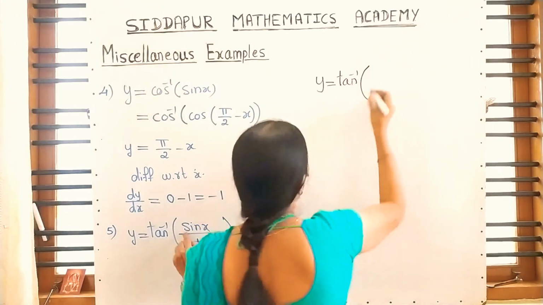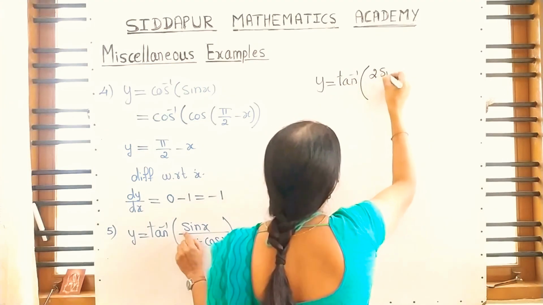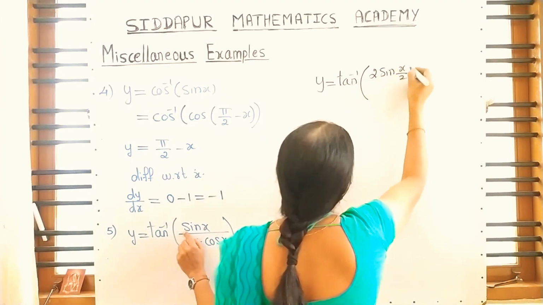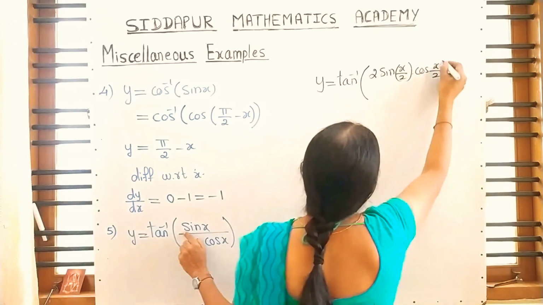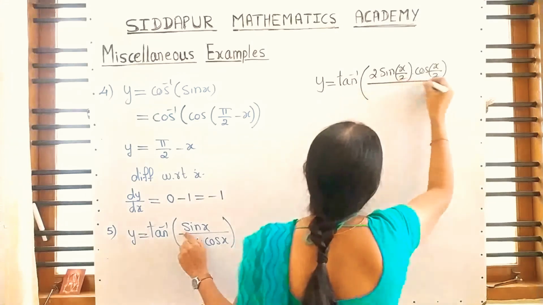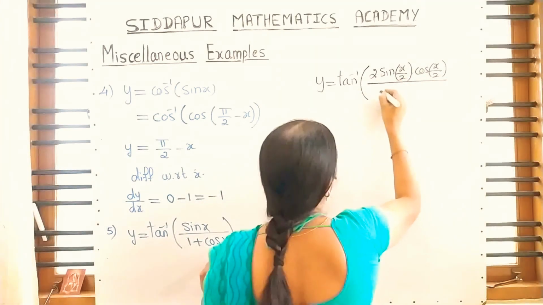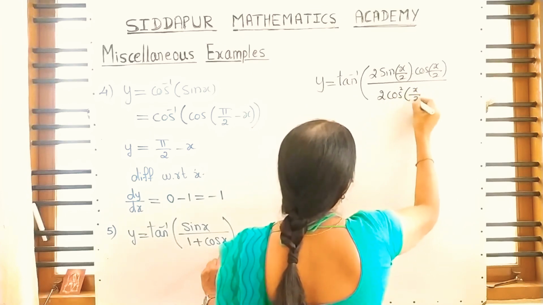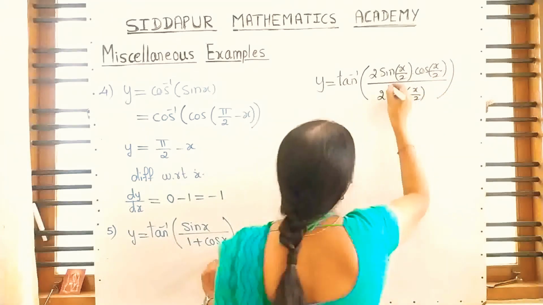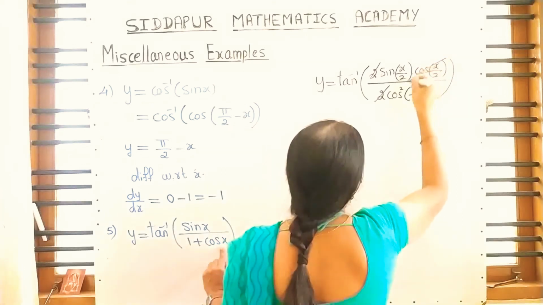What is sin x? Sin x will be 2 sin x by 2 into cos x by 2, divided by 1 plus cos x, which is 2 cos square x by 2. 2 gets cancelled, one cos cancels with this.